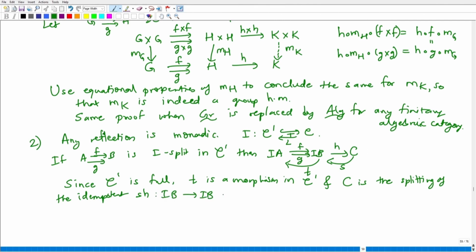Okay. Yeah, and hence S is in C prime. Why? No, fullness will not give you that S is in C prime. You just have to talk about the splitting now. Yeah, I mean, it's the identity? No, it's not identity.